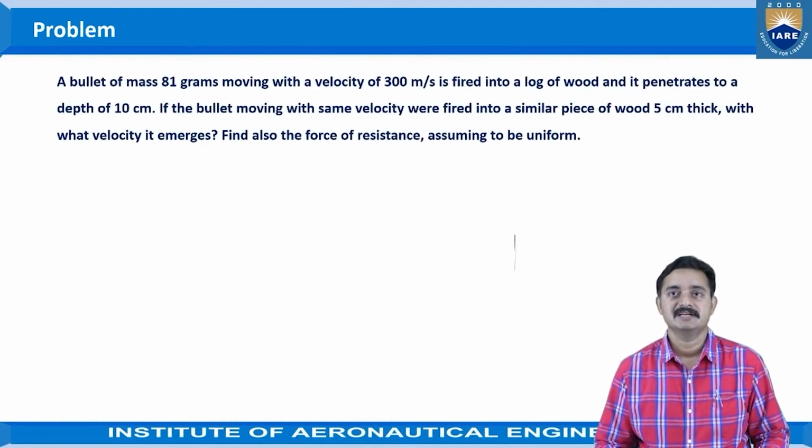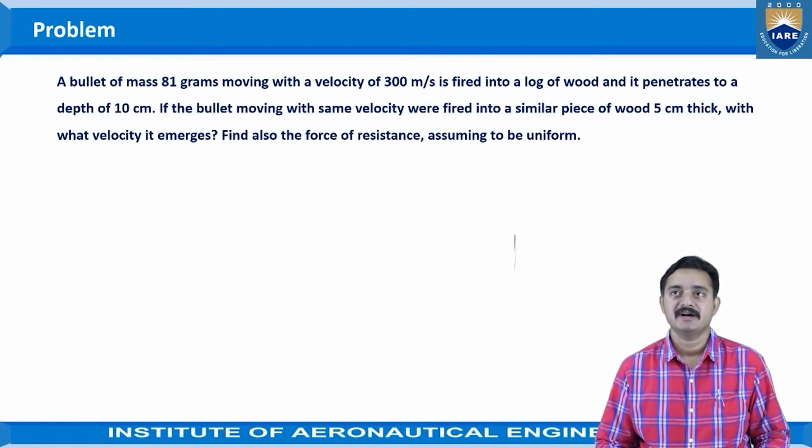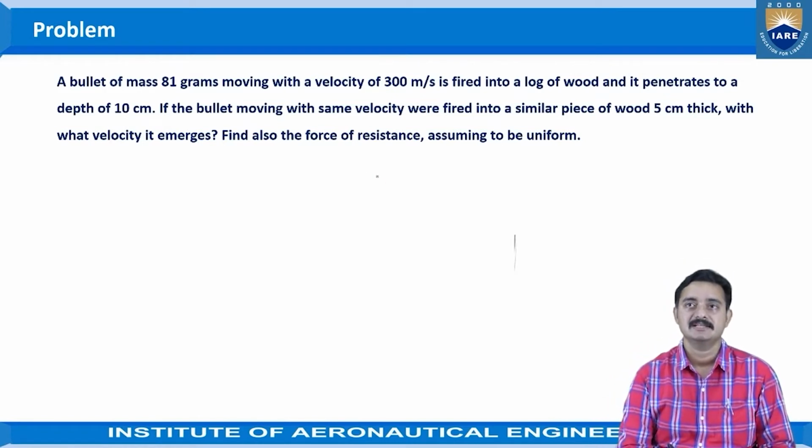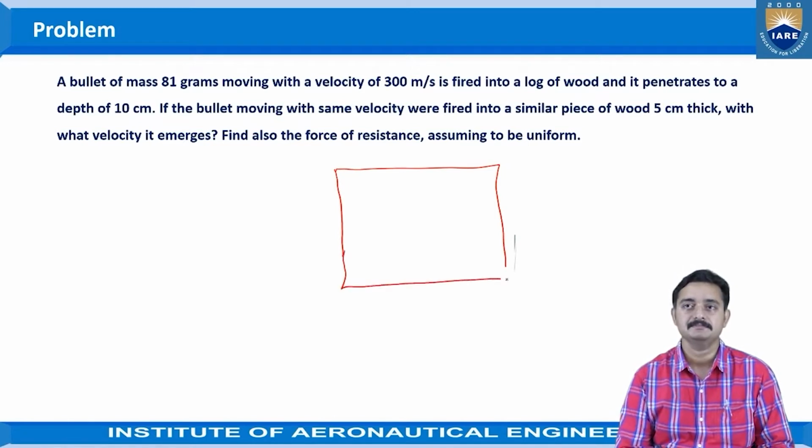So, first we will be considering the kinetic problem, which is given as: a bullet of mass 81 grams moving with a velocity of 300 meters per second is fired into a log of wood and it penetrates to a depth of 10 centimeters. Let us say there is a log of wood here and a bullet is being fired into this log of wood.